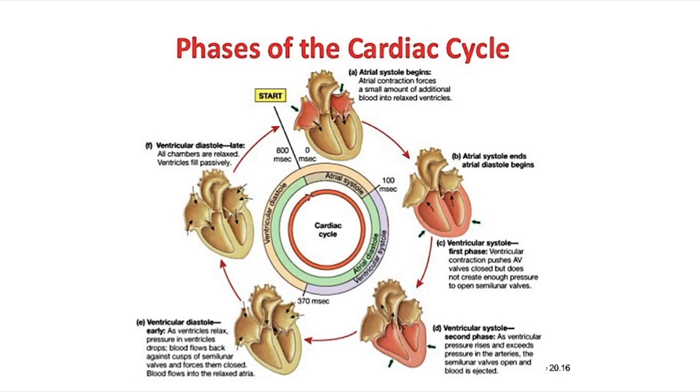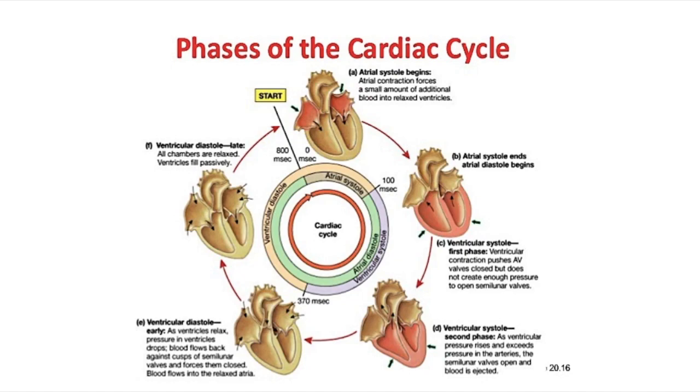It's not like 70 beats per minute, it is always a range, from 60 to 80 beats per minute. During each heartbeat, or each cardiac cycle, the heart contracts and then relaxes. The contraction is called systole, and the relaxation is termed diastole.